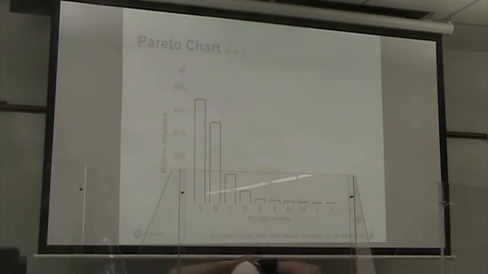All right, so here is a Pareto chart of sales of different product models. Strange how that goes by the alphabetical order is the same as the sales, right?